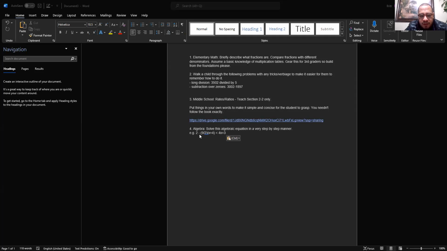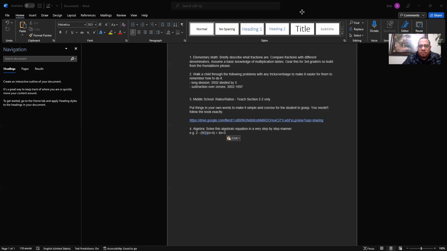So it's going to be 2 minus parentheses 1.5 times x plus 4 is less than 4x plus 3. Okay, so let's go to the whiteboard again and try and figure this out.